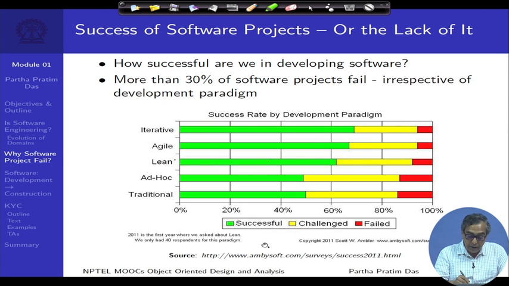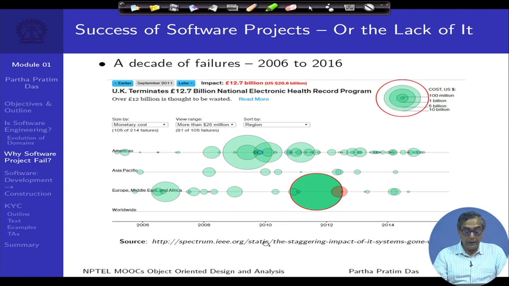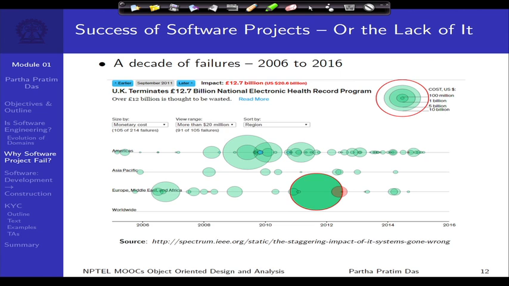So, that is quite alarming, and this is another data which is very recent, a couple of days back, which shows that over the last decade, 2006 to 2016, what the large number of large projects are that have failed. So, here these bubbles, the circles, show the kind of budget that that particular software had.